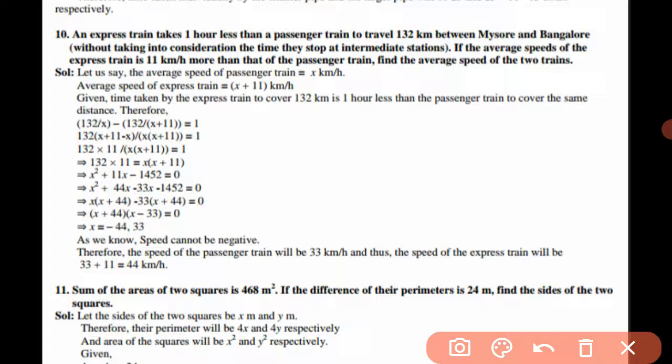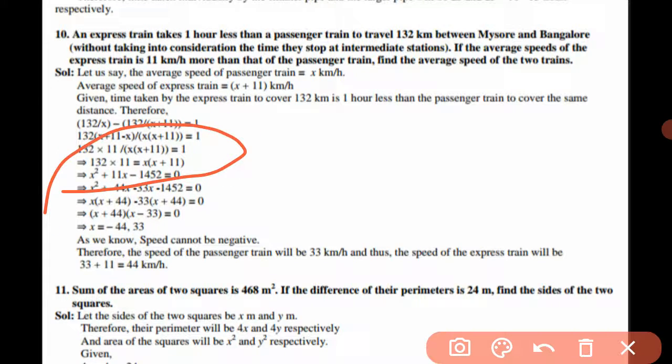So in this question we can take the passenger train's speed to be x km per hour, so the express train will be x plus 11 km per hour, and the equation will become 132 upon x minus 132 upon x plus 11 equals 1. So by solving this, the equation formed will be x square plus 11x minus 1452.